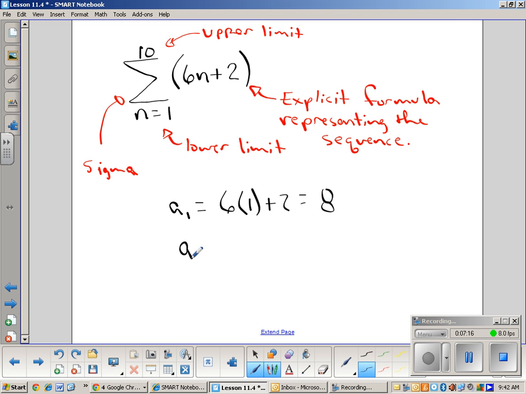And how would I find the nth term, the 10th term? I plug in 10. The advantage of an explicit formula over recursive. And so what would that be? 62.